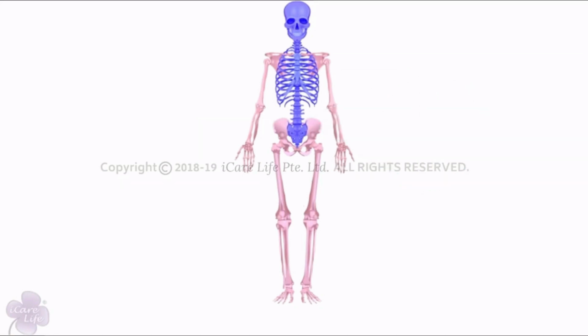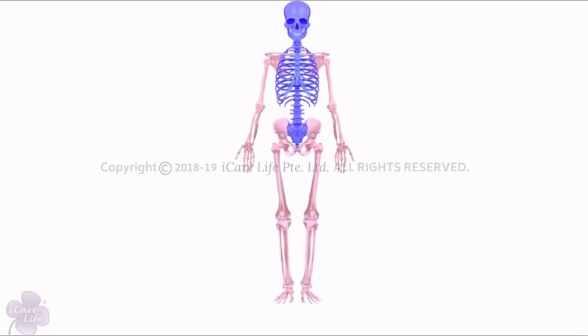The appendicular skeleton comprises bones that are attached to the axial skeleton. These are the bones of the shoulder, arms and hand, hips, legs and foot. The arms are connected to the axial skeleton through the shoulder bone or scapula. The other bone in the shoulder is the clavicle or collarbone.